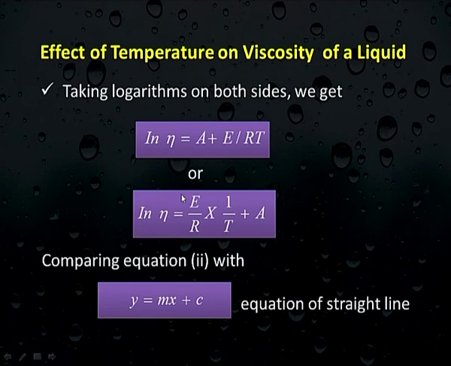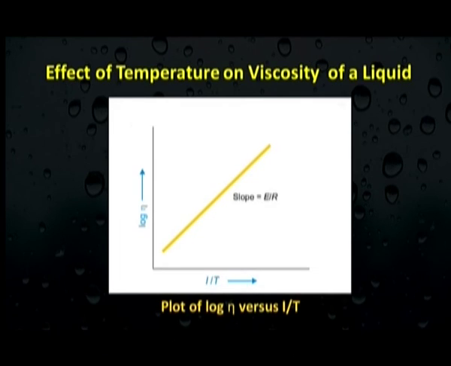So, m will be equal to E upon R, x will be 1 upon T, and the intercept c will be ln A. So, we will plot y on the y axis, that is log eta, versus 1 upon T on the x axis, and then we will get a straight line having slope equal to E upon R. It has also been found that there is a 2% decrease in viscosity for every increase of 1 degree in the temperature of a liquid. However, in the case of vapor, the reverse trend is observed.